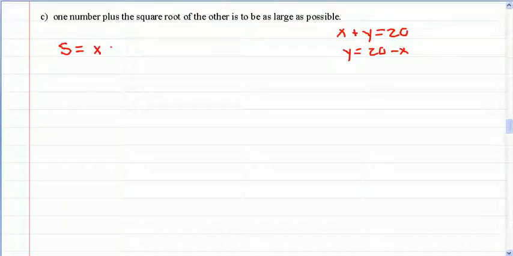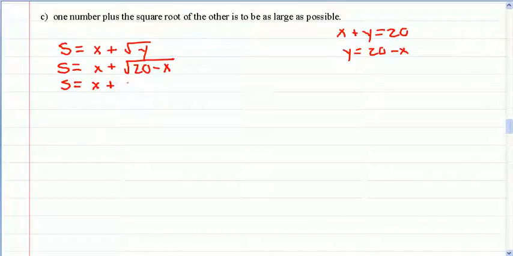So I can write this as x plus the square root of y, or y plus the square root of x. It doesn't matter. So if I rewrite this as x plus the square root of 20 minus x, the square root of 20 minus x is the same as 20 minus x to the 1/2.